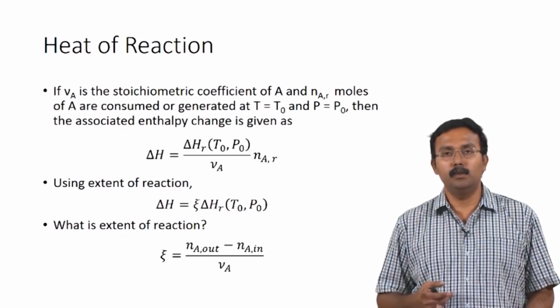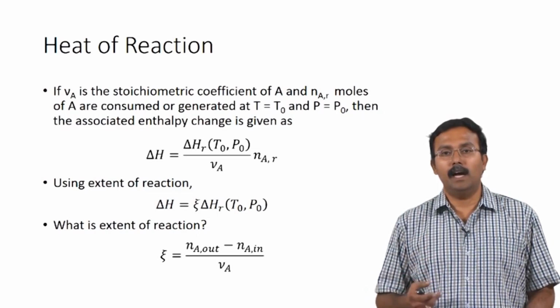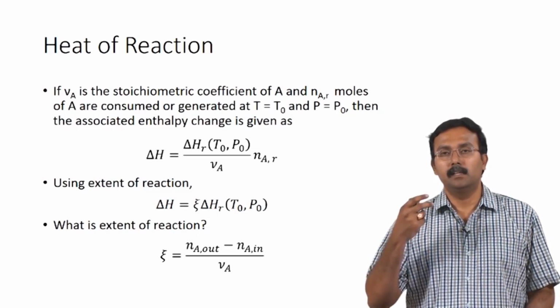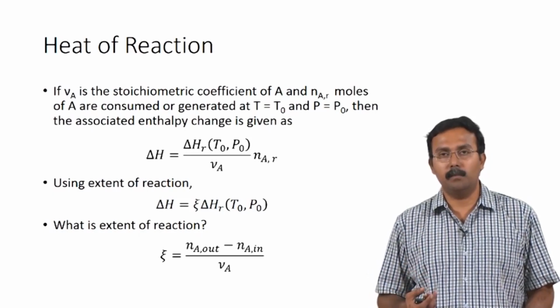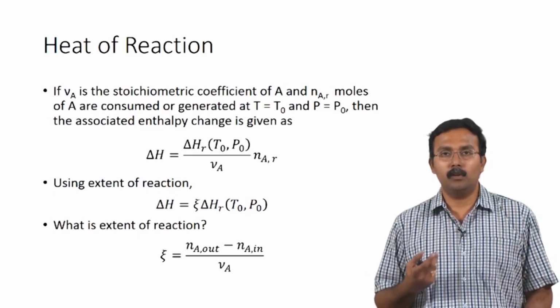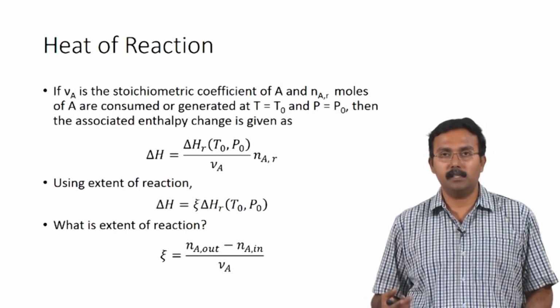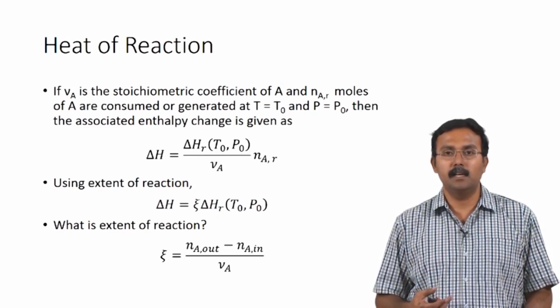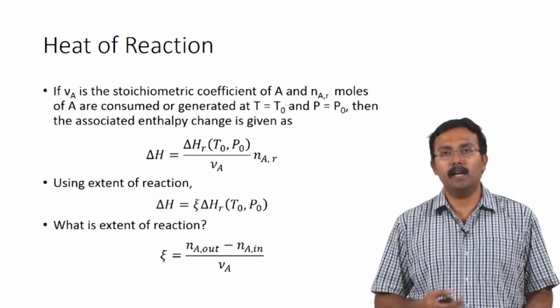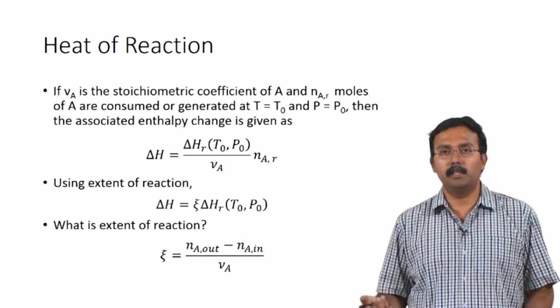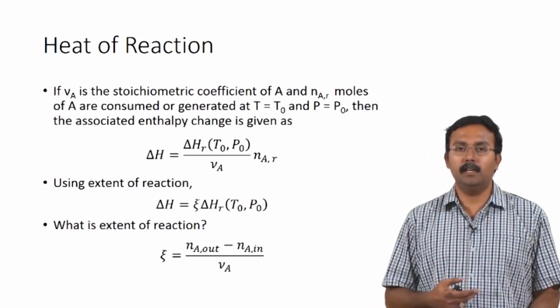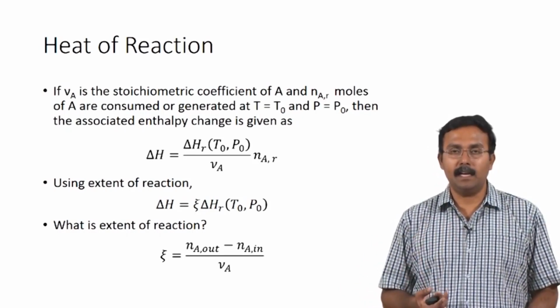So, this gives you the value which is basically the amount of a component consumed or generated divided by the stoichiometric coefficient. The stoichiometric coefficient would be positive for products and it would be negative for reactants. Because of this, the extent of reaction will always be positive. Reactants will have a lesser number of moles in the outlet compared to the inlet, which means the numerator would be negative.